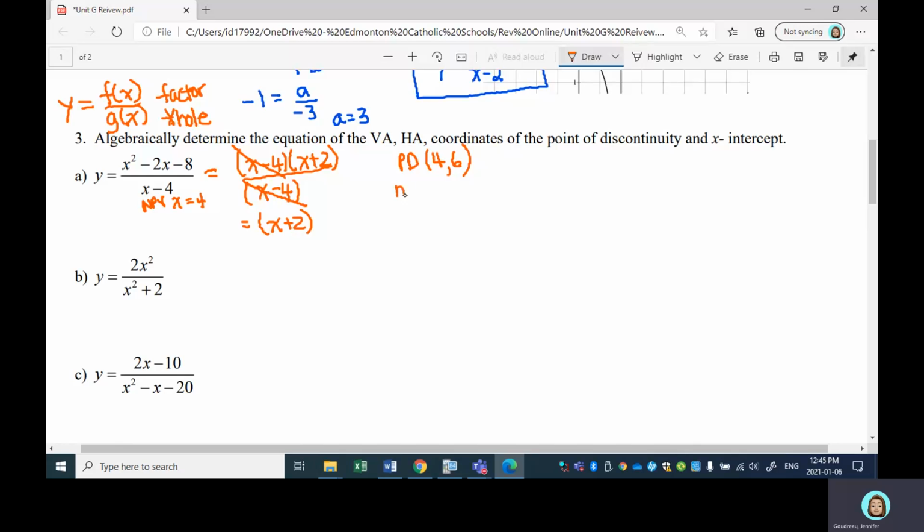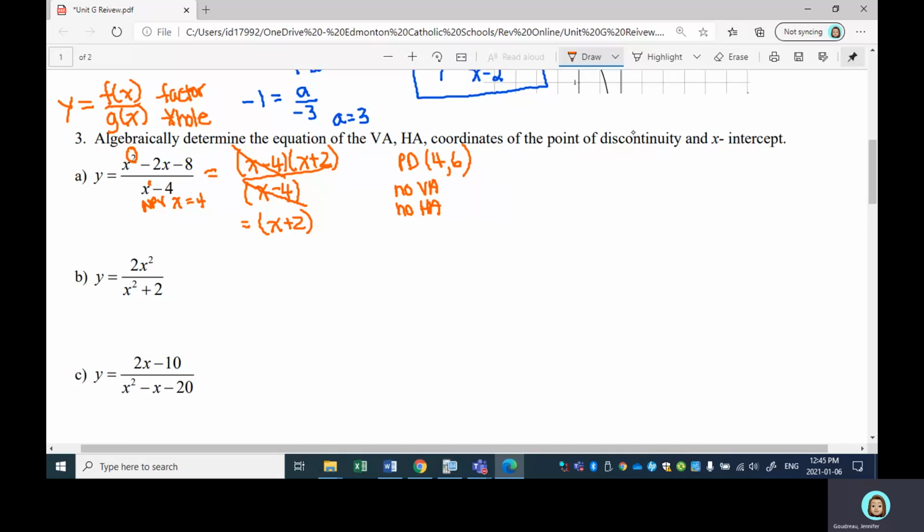So what that means is that this one is going to have no vertical asymptote. The horizontal asymptote comes from comparing the degree of the numerator to the degree of the denominator. Here, because the degree in the numerator is 2 and the degree in the denominator is 1, that means the numerator is growing much quicker than the denominator is, which means we would have no horizontal asymptote here as well.